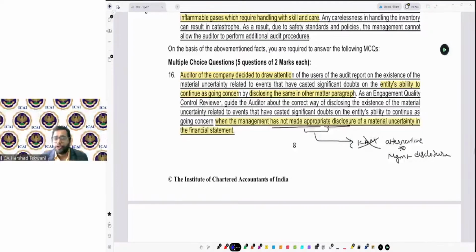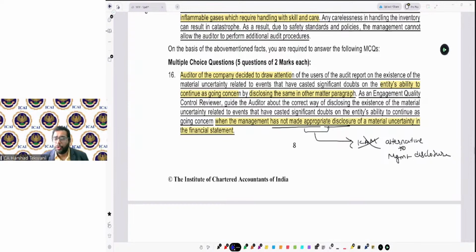Number two, when I am going to rely upon the work of the component auditor, I need to see whether the auditing framework, the standards on auditing or whatever framework is present at his site, is appropriate for my use, whether it gives me the required quality, or whether it is sufficient for me to rely upon the work of that component auditor.